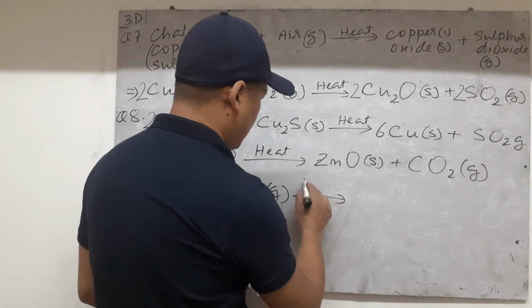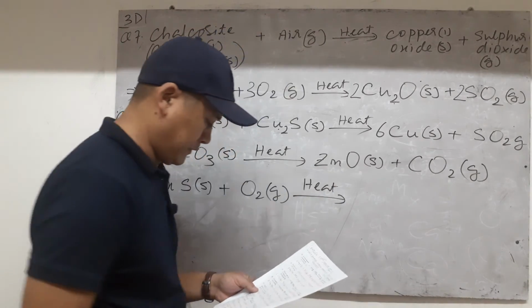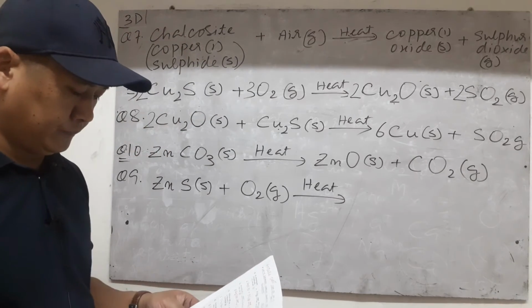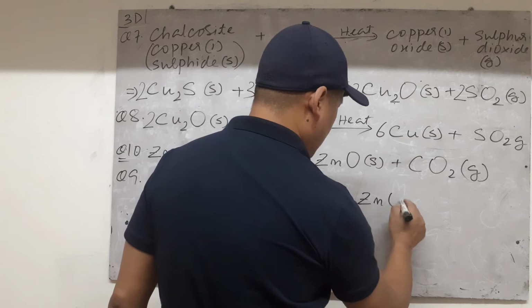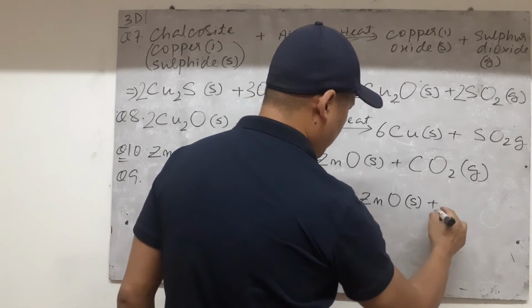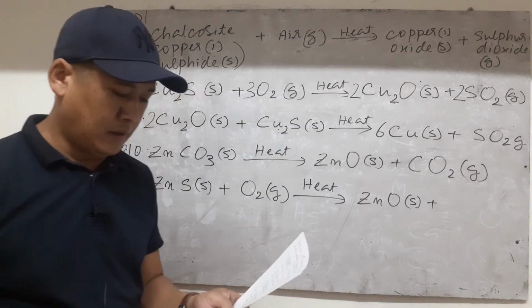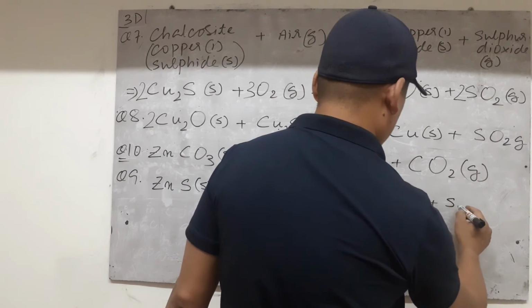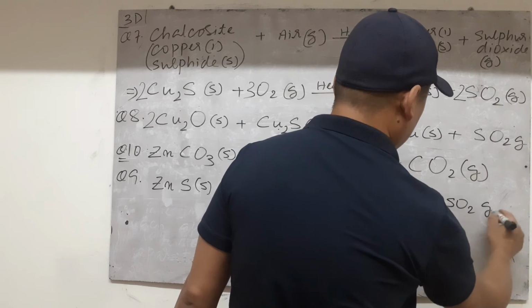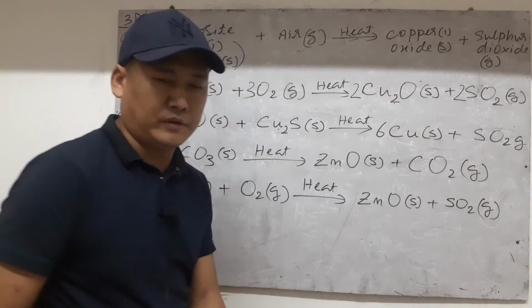On heating gives you zinc oxide, so Zn2 plus zinc ion, oxide O2 minus, 2 cancel, solid, plus here sulfur dioxide, SO2 gas.